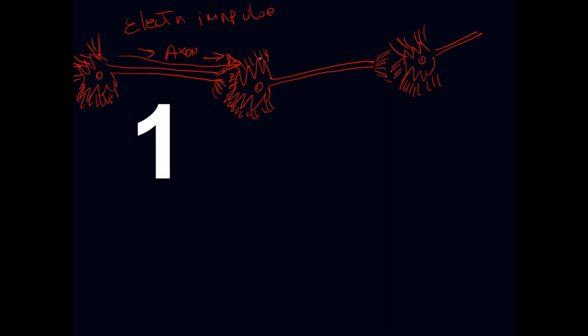Then the impulse goes through the whole nerve cell, from the axon to the next dendrite. Axon to dendrite. That is the way the electrical impulse is transmitted. Are we okay with that? Axon to dendrite.